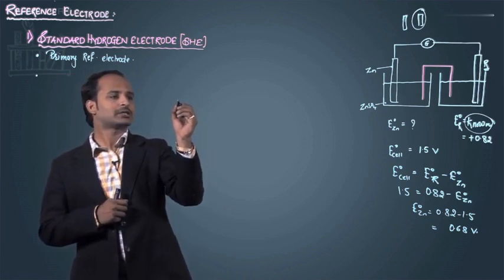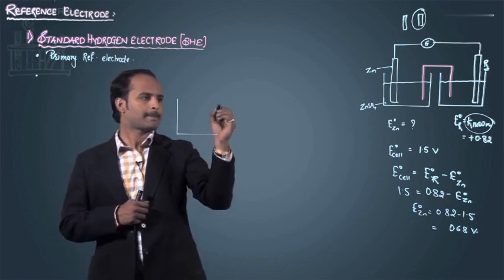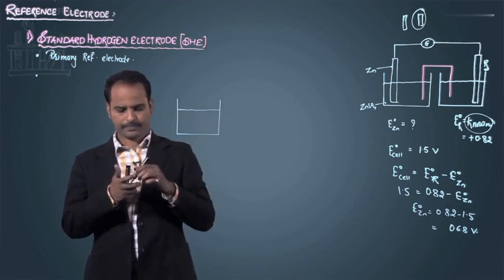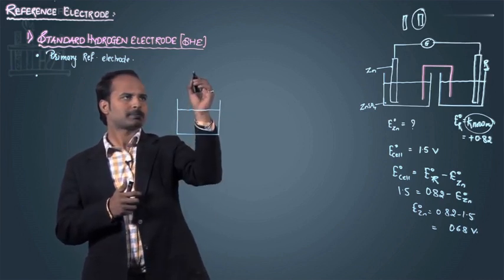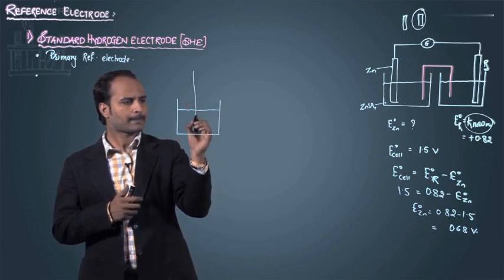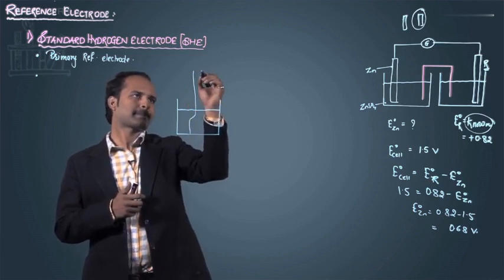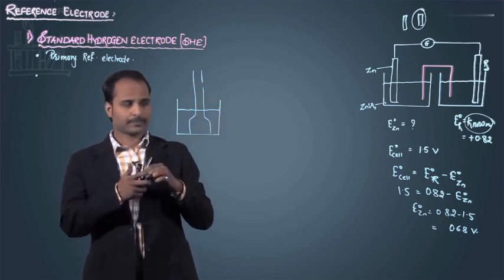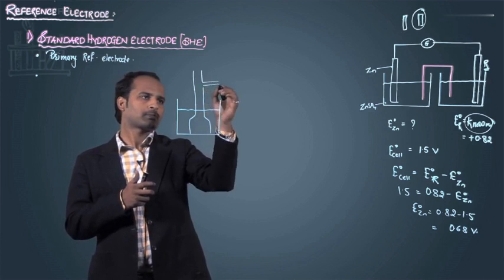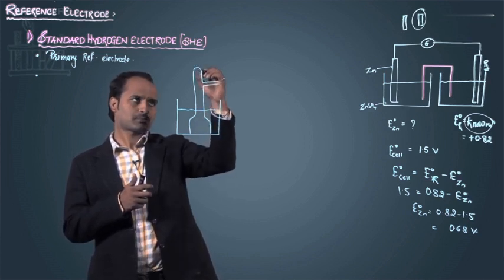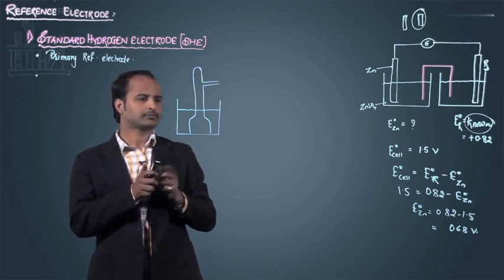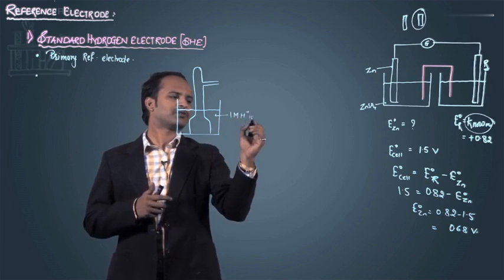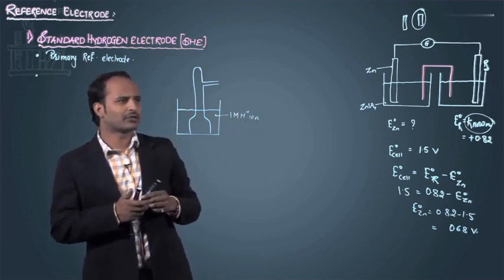Let's see the arrangement for this. The solution contains 1 molar H+ ion, which we get by dissolving HCl or H2SO4 in water.